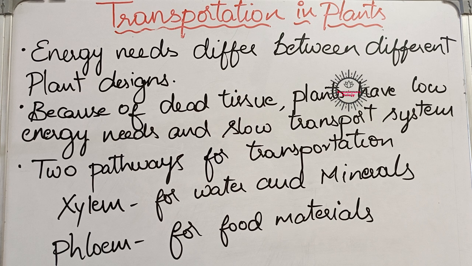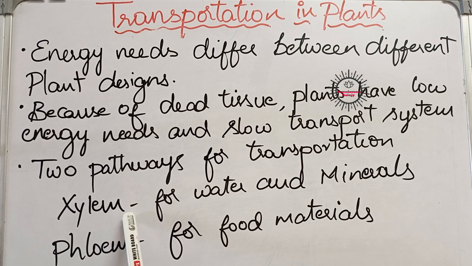So for the transportation of water from roots to the upper parts of the plant, and for the transportation of food materials from leaves to the lower parts of the plant, plants have two types of pathways for transportation. First one is xylem. So plants have xylem vessels for the conduction of water and mineral salts.